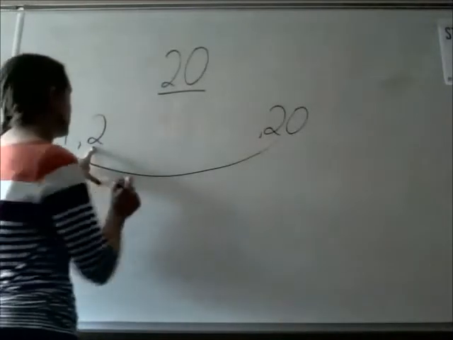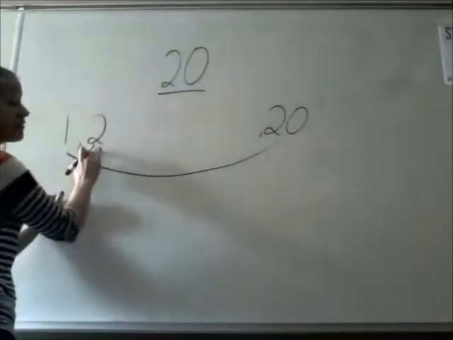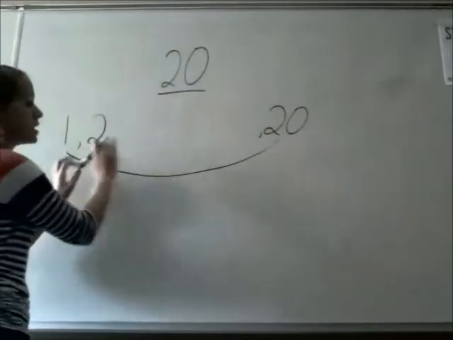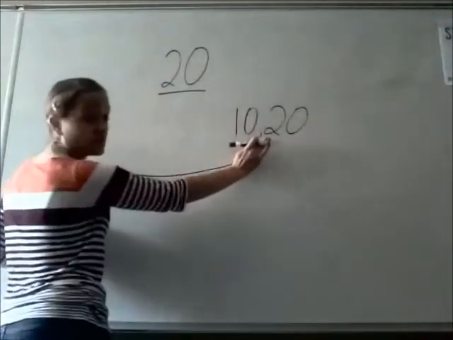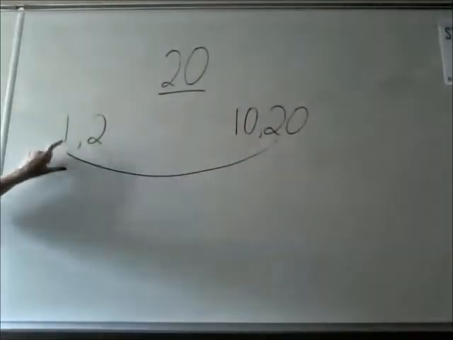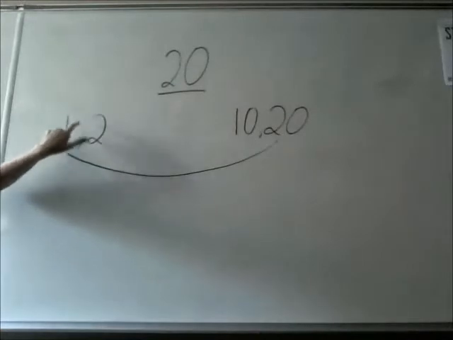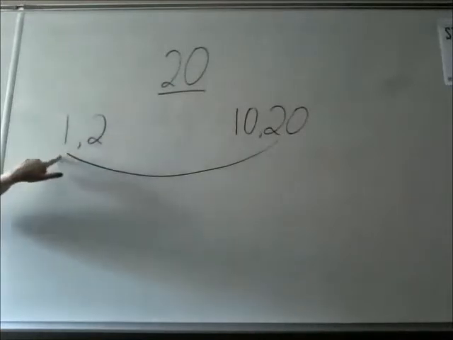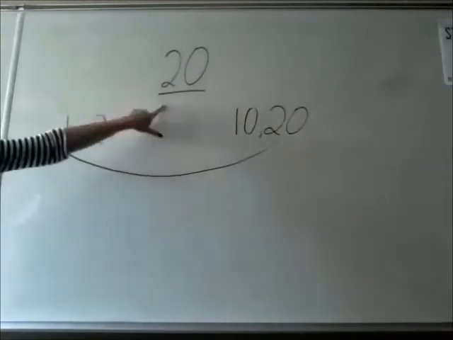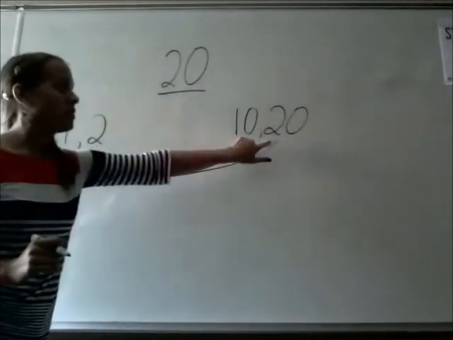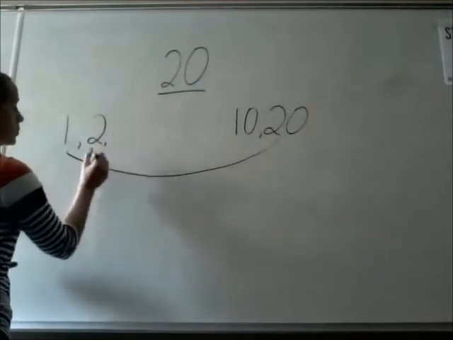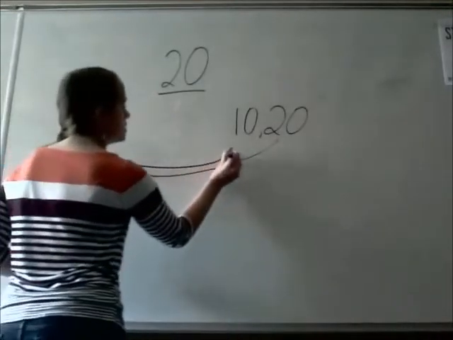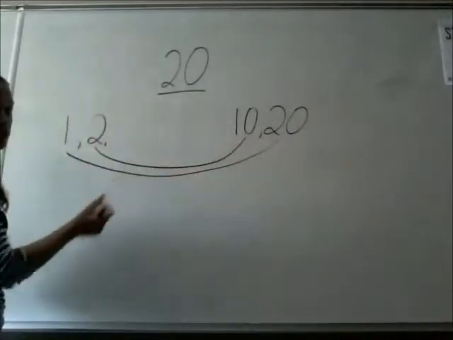It equals 10. So since I already have my 2 over here, I'm going to put 10 all the way to the left. And I can put it next to the 20 because I know there's no whole number between 1 and 2 that I can multiply by 20 to get anything in between 10 and 20. And I'm going to draw a line again so you can see that they're paired together.